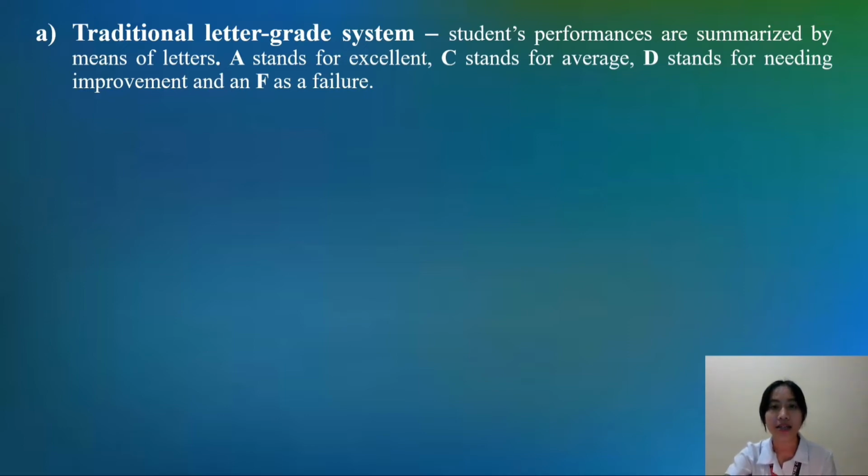The traditional letter grade system is easy to understand, but it is of limited value when used as the sole report because they end up being a combination of achievement, effort, work habits, behavior. As such, they are difficult to interpret and they do not indicate patterns of strengths and weaknesses.